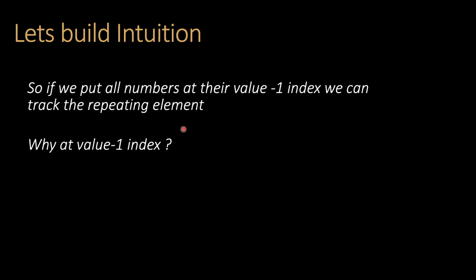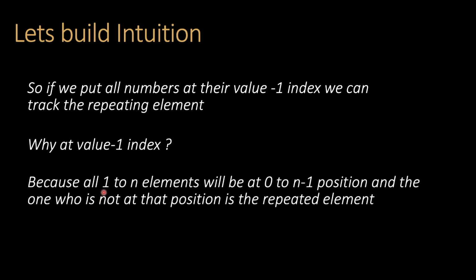If we put them at value minus 1, all these elements will be at 0 to n minus 1 positions in the array. And the one which is the repeating element will not be at its position, and that will be our repeated element. That's the trick.